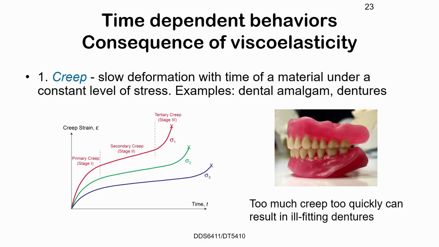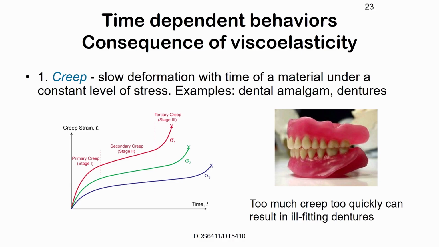Everything creeps, including a mirror. I'm sure you've seen some warped mirrors that look funny when you look at them. So even glass can creep given enough time. But for dental materials, we're usually talking about a much shorter time scale.